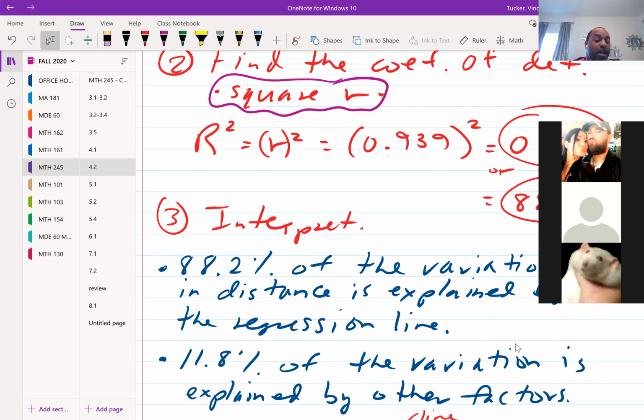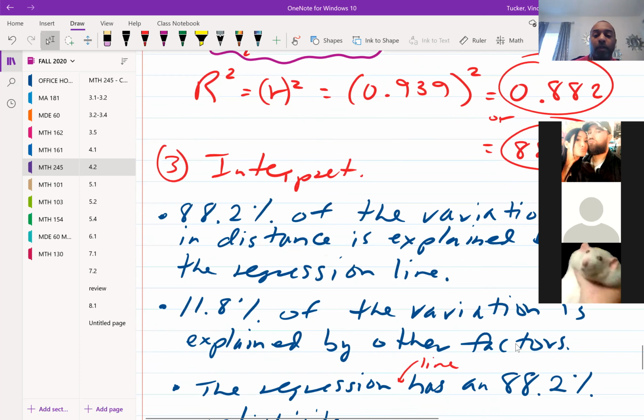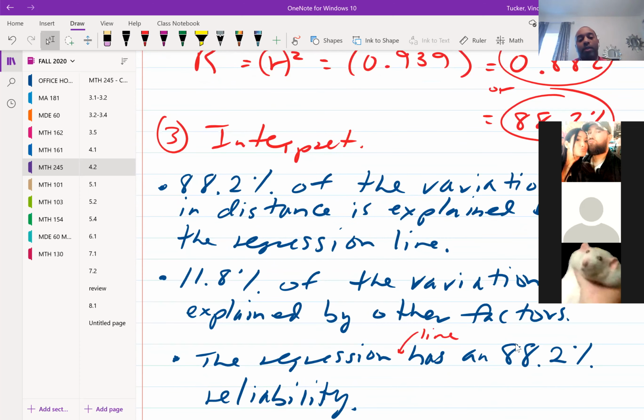I mean, you're outside, you're talking about wind resistance and stuff like that. Other factors could be the reason why an observation does not line up with what the regression line would predict. And so the third statement there is that the regression line has an 88.2% reliability.